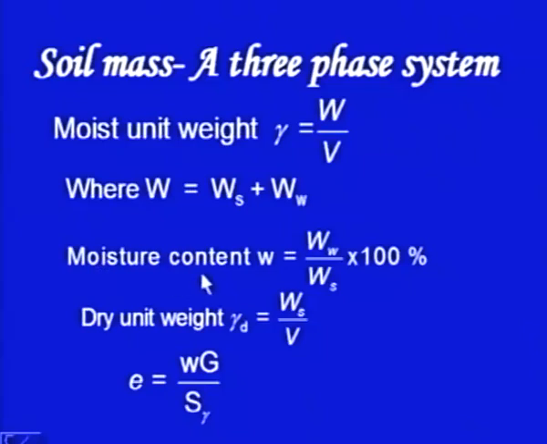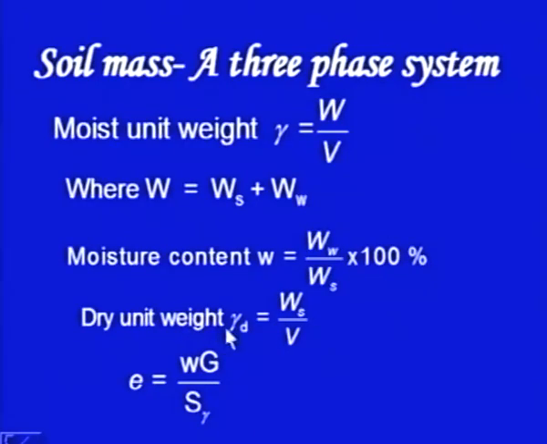The moisture content w is defined as the weight of water which is present in the soil mass divided by the weight of solids, and again in general it is represented as a percentage.